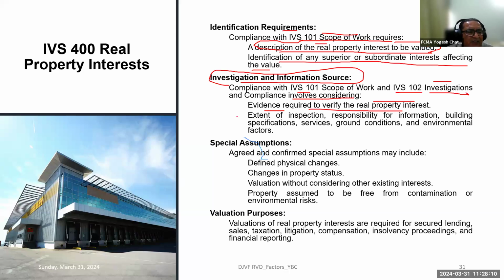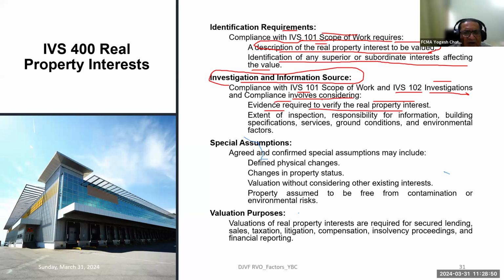When a lease deed is not renewed, the possession, even if it is with the client, will be considered unauthorized possession. You will appreciate that the value of a property which is occupied unauthorizedly will be very little or negligible. So it is very important to go through the title document, and the title document always needs to be cross-checked with the registrar's office or with the office of the revenue authorities.